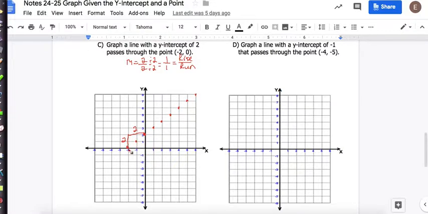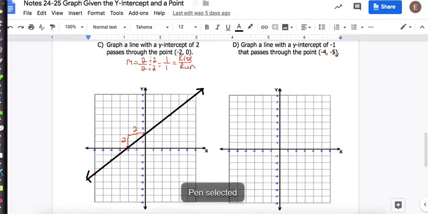Now I got to go the other direction, so down -1 over -1, and remember that 2 negatives makes a positive. That's why I'm able to do this. Down -1 over -1, and down -1 over -1. So take the ruler and connect the points to make a line.